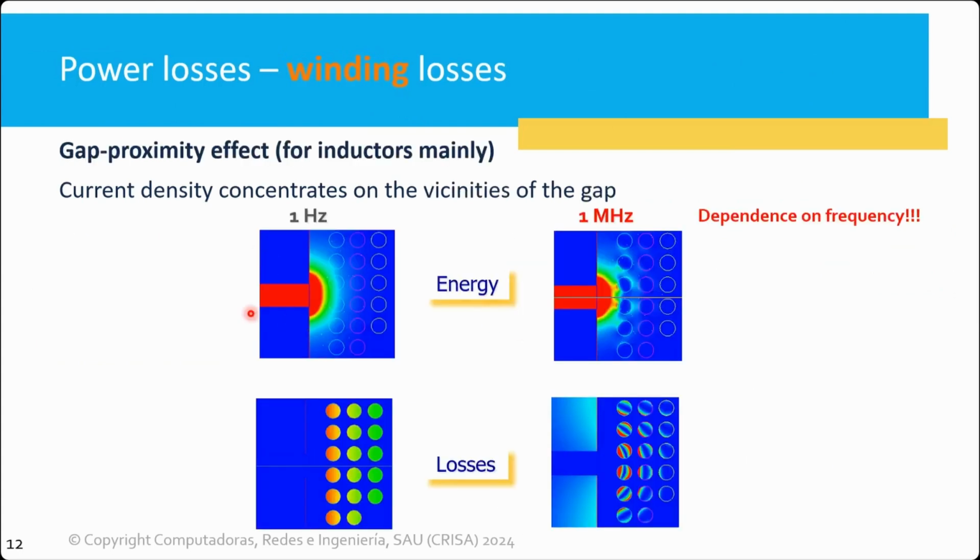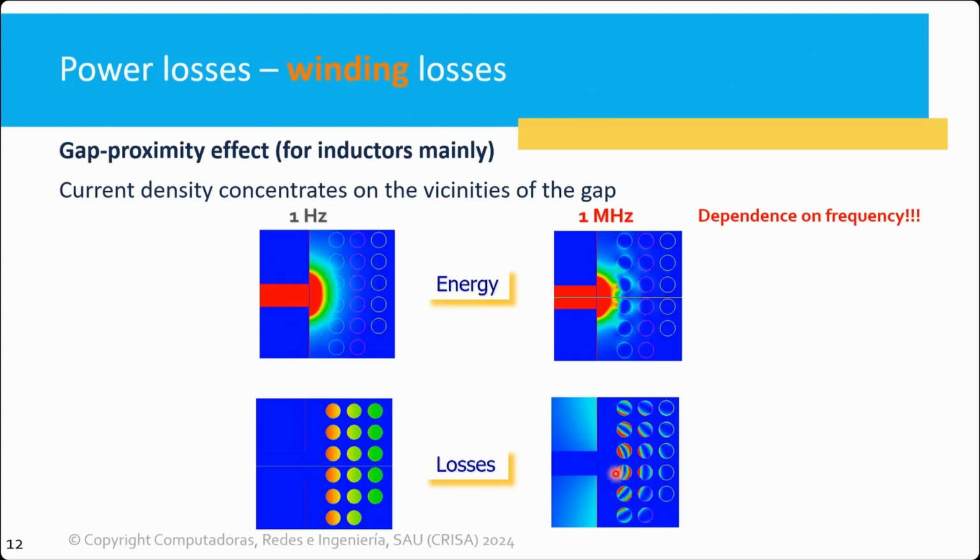A similar effect is the gap proximity effect. In inductors, if you remember, some of them have an air gap between the two ferromagnetic parts of the core. This gap, which is basically air or vacuum, has the effect of storing energy. As a consequence, when we increase the frequency of the current flowing through the conductors, it tends to be concentrated in the outer shell of the conductor.